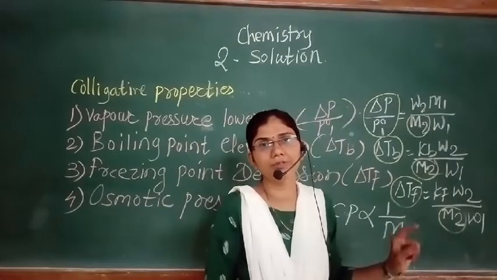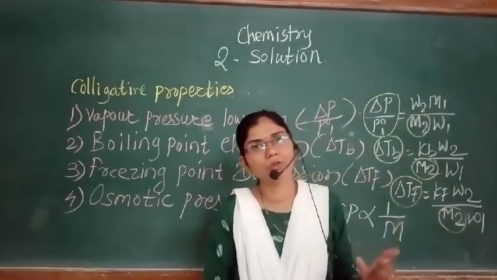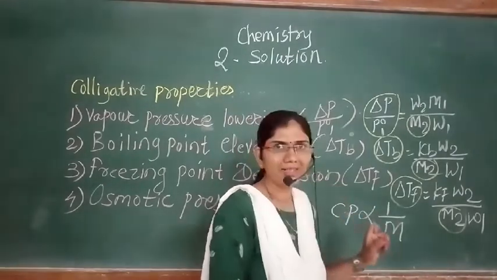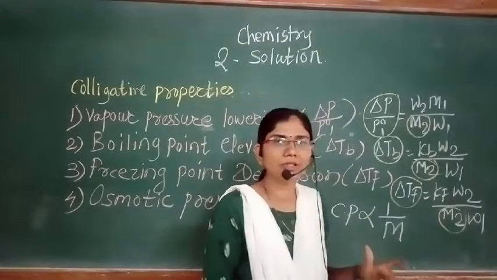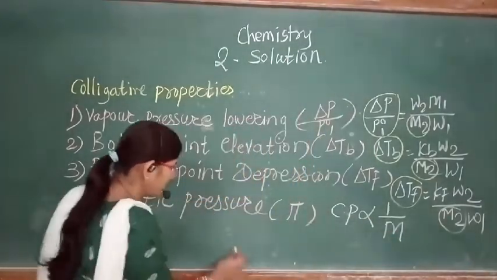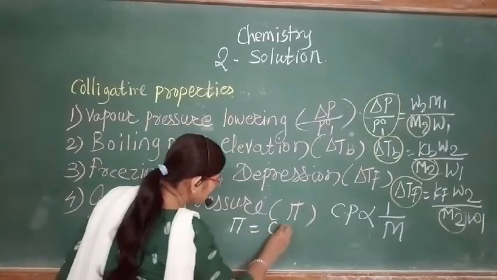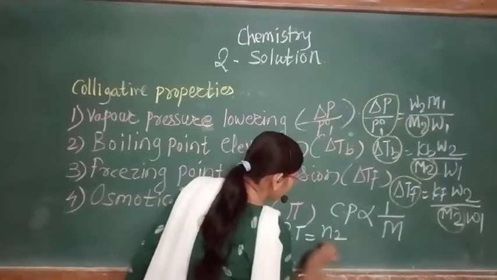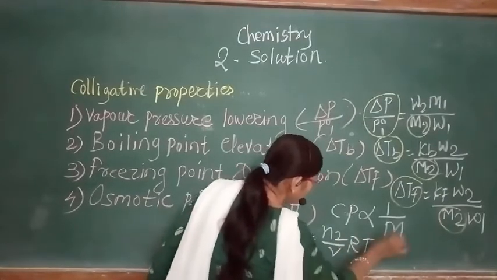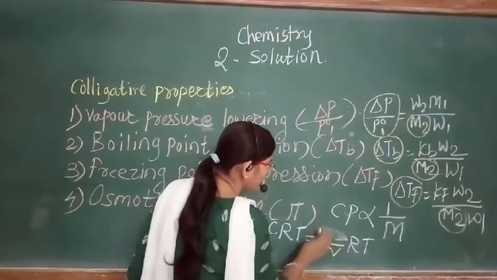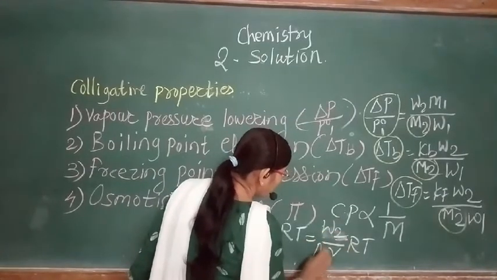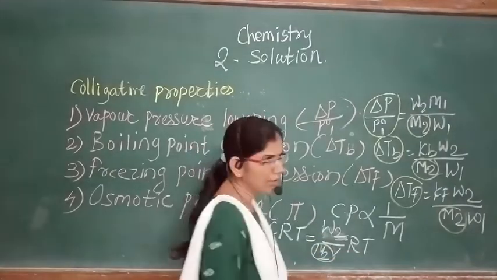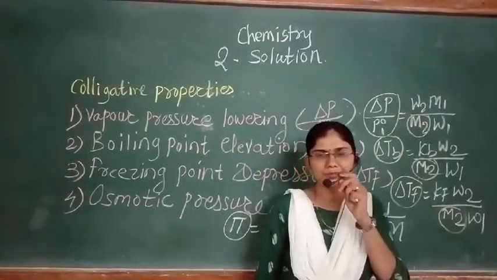From this relation of the colligative property and the molar mass of the solute, it is observed that these three colligative properties, and also the fourth one, osmotic pressure pi, which is equal to CRT, that is n2 upon V RT, and as we know, n2 is equal to W2 upon M2. That means pi is also inversely proportional to the molar mass of the solute.